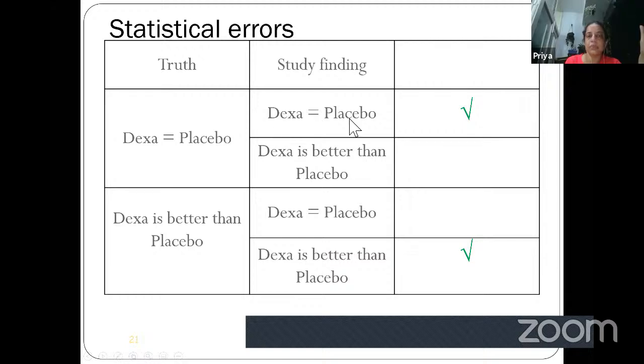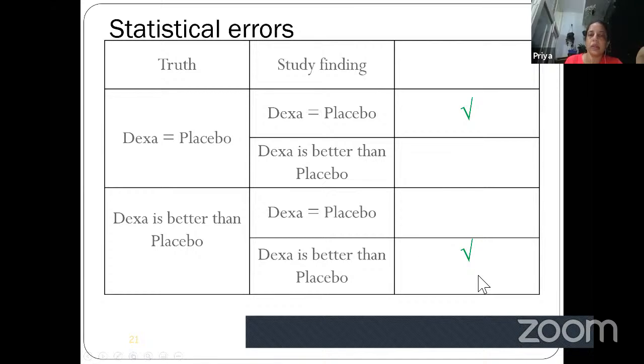Dexa equal to placebo, dexa different from placebo, right? Now, assume that the universal truth is that dexa is equal to placebo, and your study also finds that dexa is equal to placebo. This is great, right? If in reality dexa is different from placebo, and your study also finds that dexa is different, this is also great.